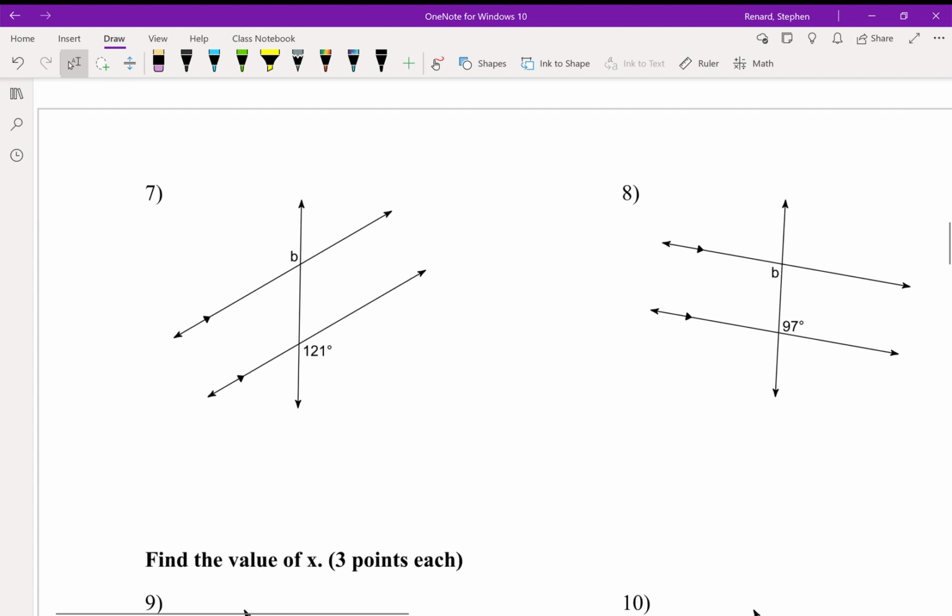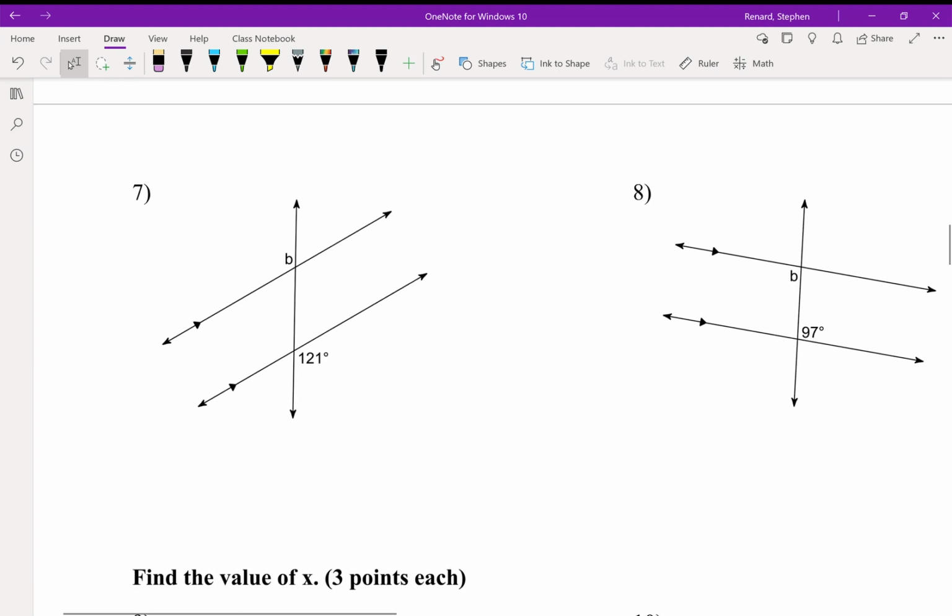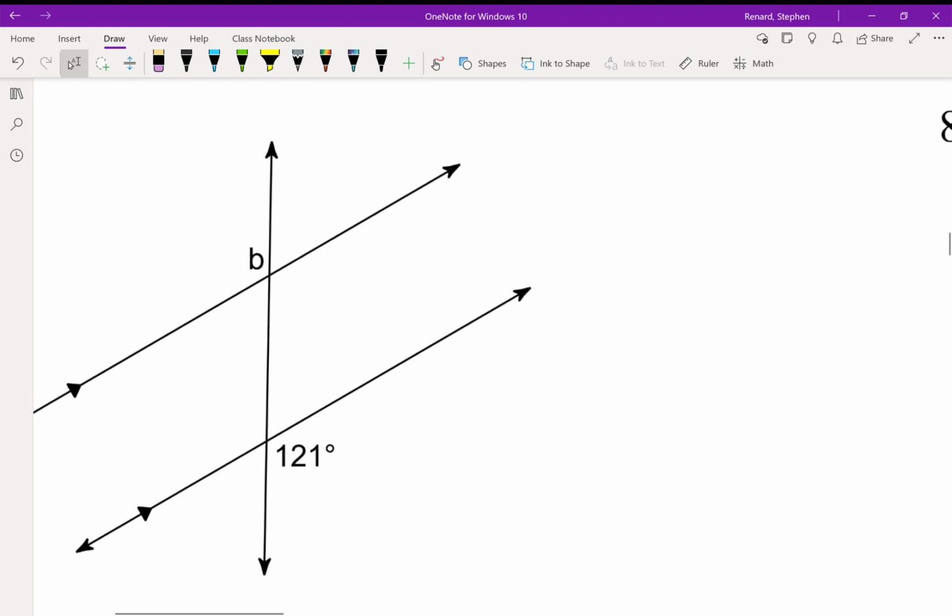And just like that, we're on number 7. Same general idea. We're going to go 1, 2, 3, 4, 5, 6, 7, 8. We look at our cheat sheet, have a sip of coffee, because that's what we always do. And we see that 1 and 7 are alternate exterior angles, and that alternate exterior angles are also congruent.